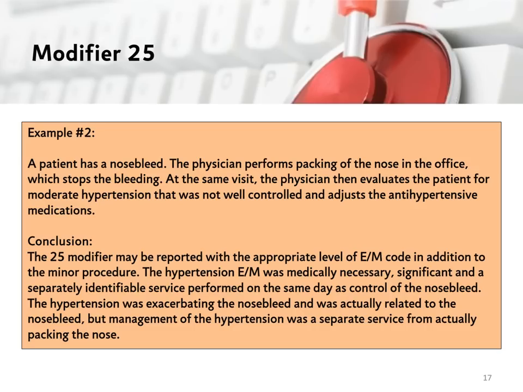However, the physician performed an evaluation to manage the patient's hypertension, which may have been the cause of the nosebleed. Therefore, these are two separate and identifiable procedures, and it would be appropriate to append the modifier 25.